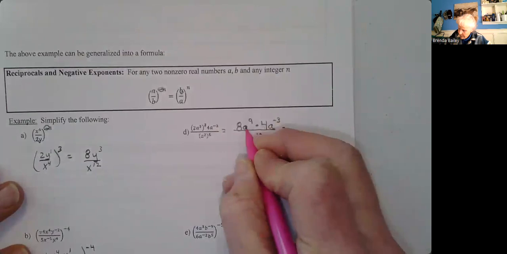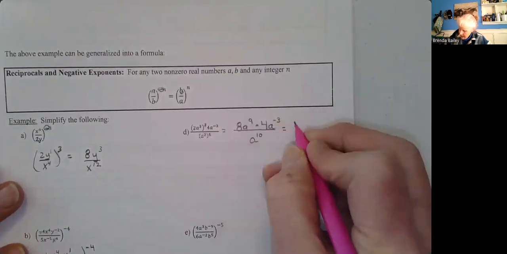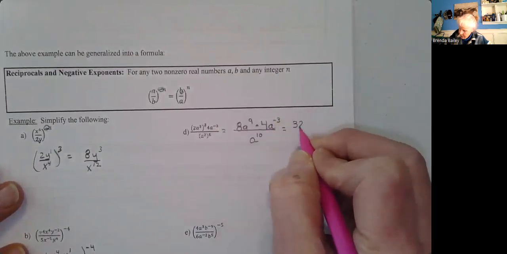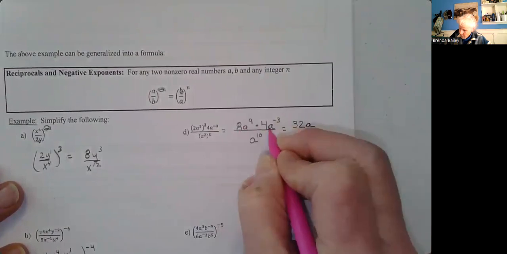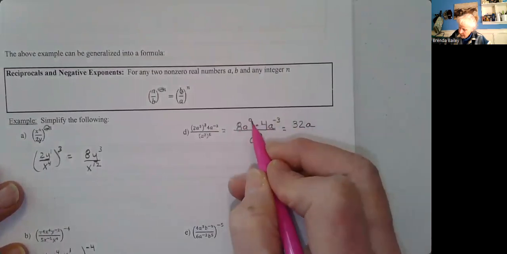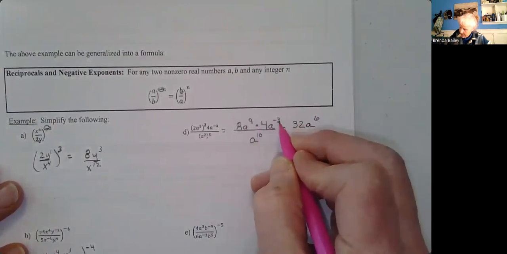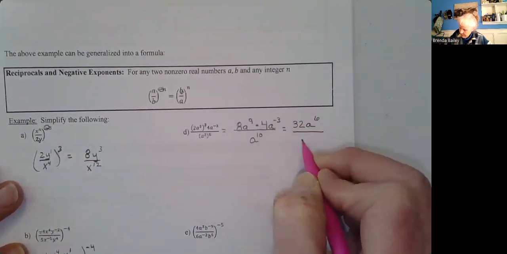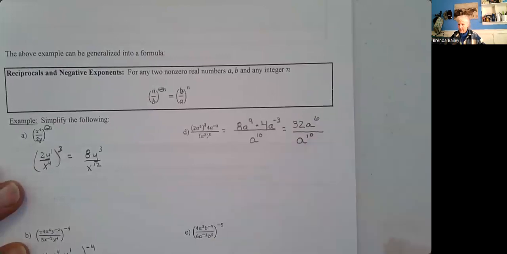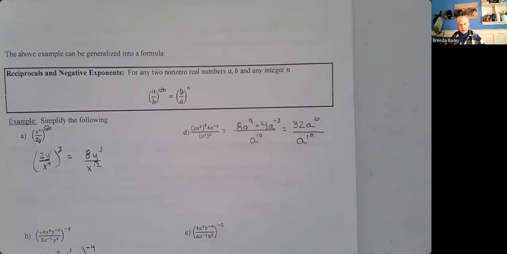I'm going to actually simplify the numerator. 32, 8 times 4. 9 plus a negative 3 is 6. So you add the exponents. 8 to the 10th.